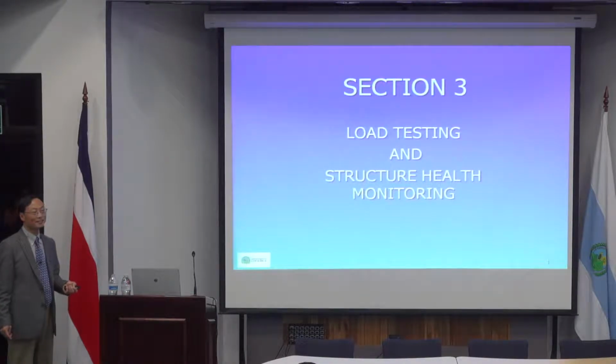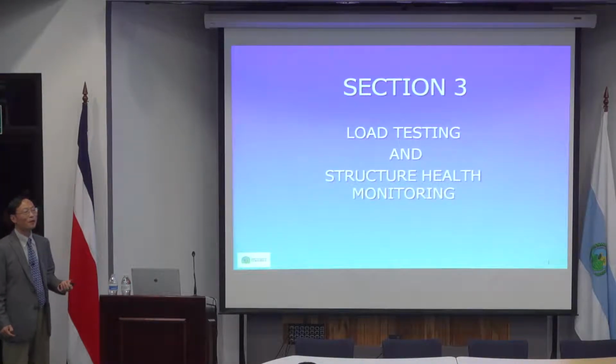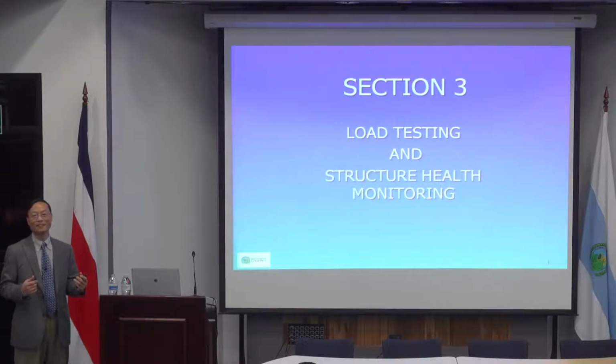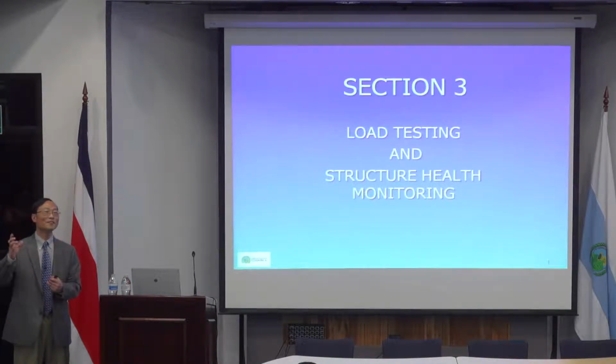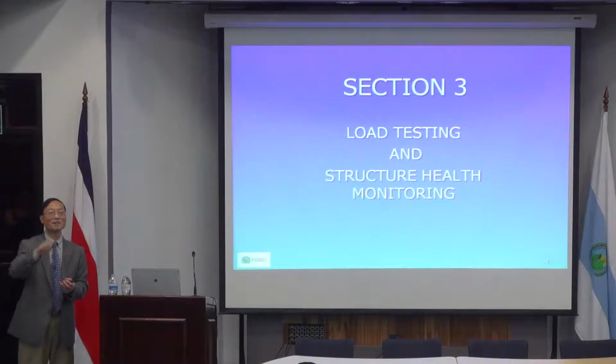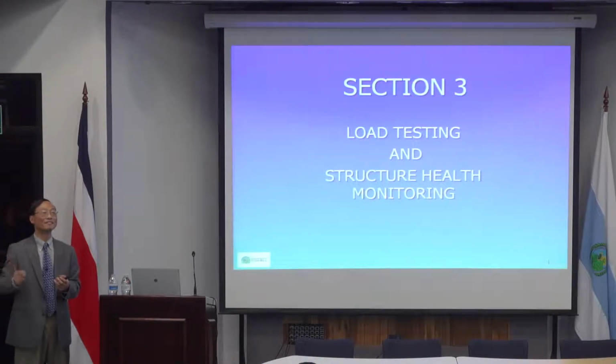And another thing that is very, very controversial. A lot of old bridges were designed as non-composite. By non-composite, I mean there's no connection between your girder and your deck. For example, if it's a concrete girder, you don't have stirrups going into the deck.